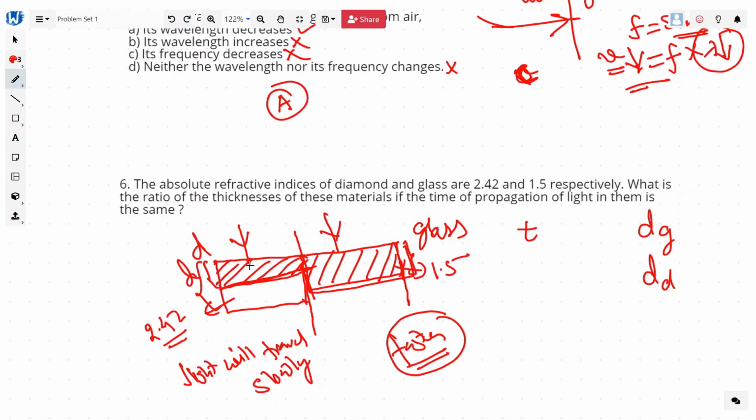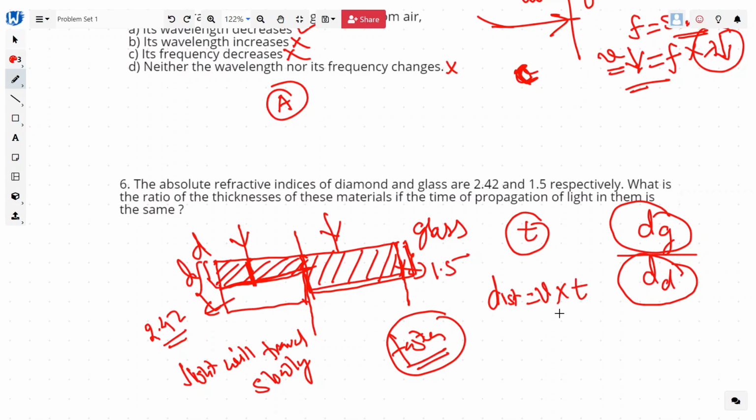So we have to find the ratio of the distances in this material, that is how much distance will travel in the glass divided by how much will travel in the diamond. To do that, we have a time, and distance will be velocity times time. So we need to know the velocities.